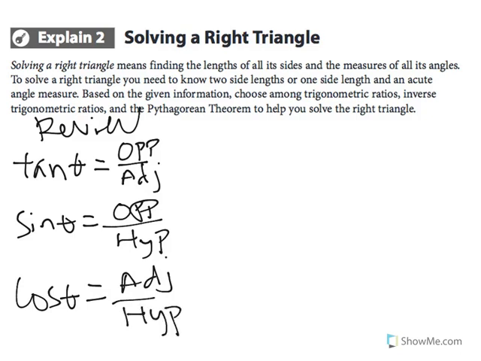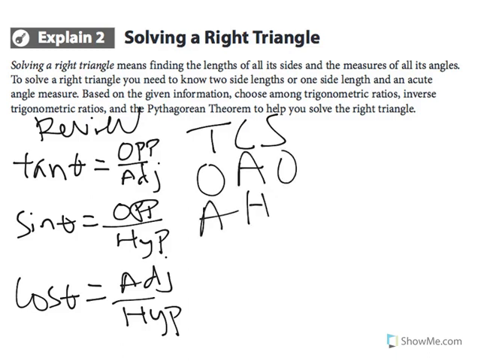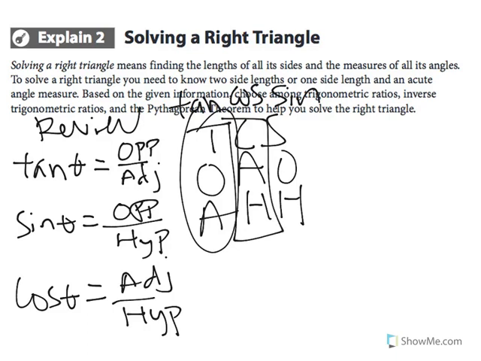An easy way to remember this is the sentence: the cat sat on an orange and hurt himself. T stands for tangent, C stands for cosine, and S stands for sine. So tangent is opposite over adjacent, cosine is adjacent over hypotenuse, and sine is opposite over hypotenuse.